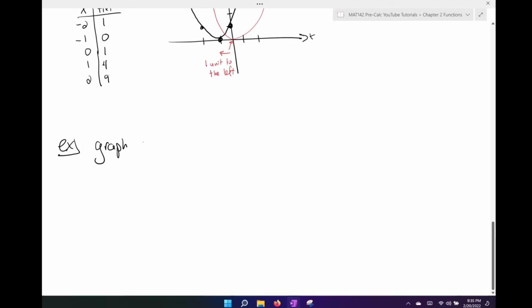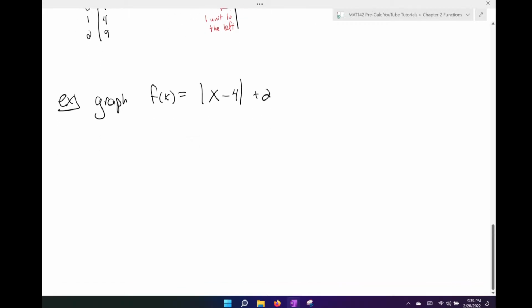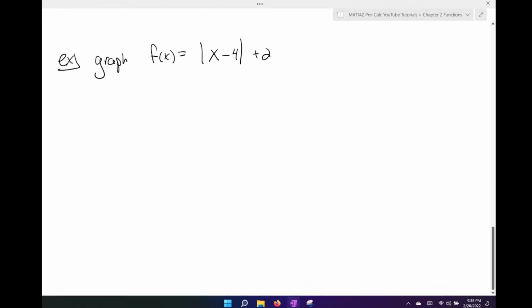We're going to graph f of x equals the absolute value of x minus 4 plus 2. So the easiest way to approach this would be to first identify the parent function. So in this case, our parent function is going to be the absolute value.